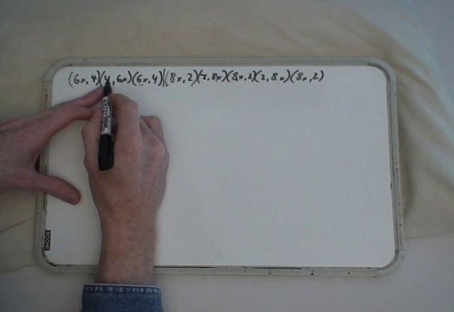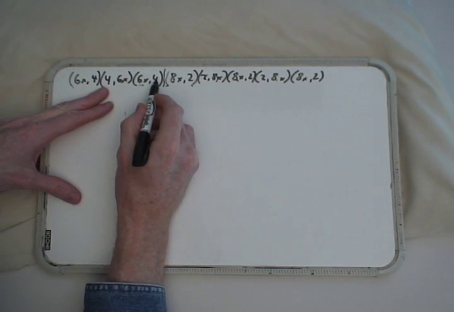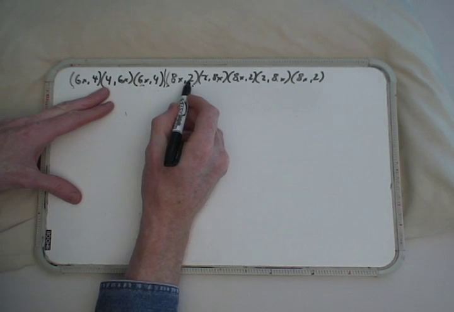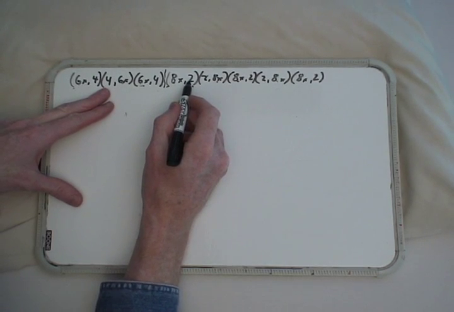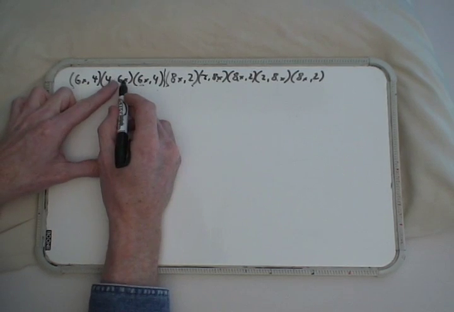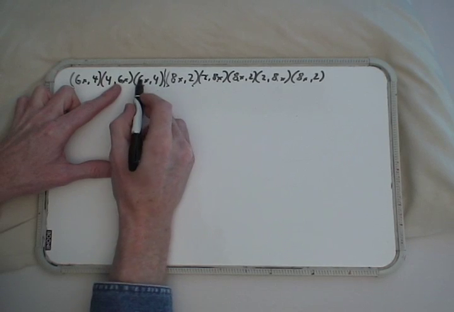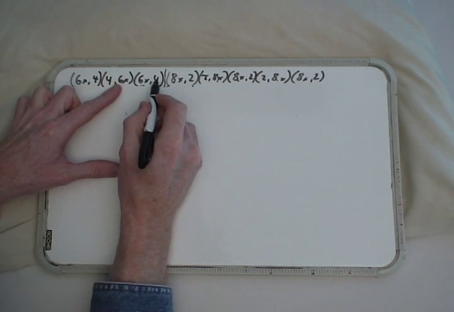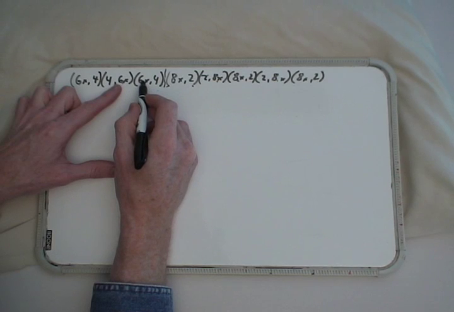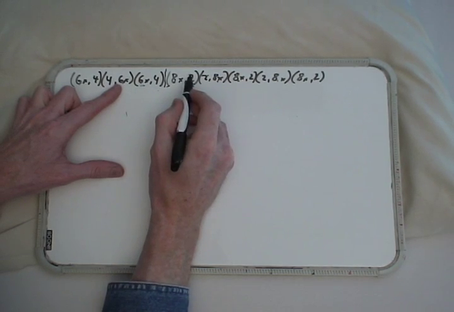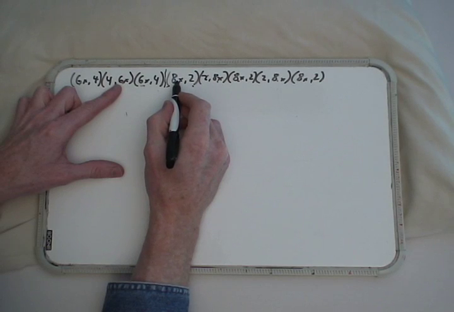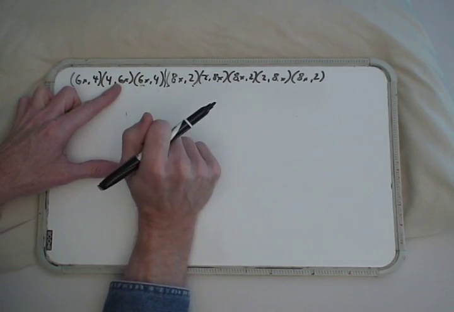If this is a 4, this can't be a 2 or a 2x, can't be a 0 or a 0x. Incidentally, 0x's don't exist. If this is a 6x, this can't be a 4, this can't be a 4x, can't be a 2x, can't be a 2, can't be a 0x or a 0.